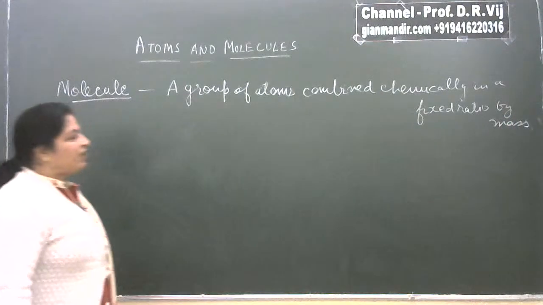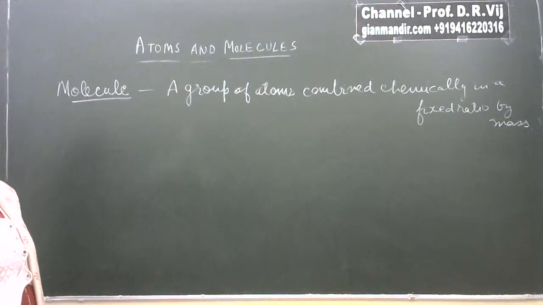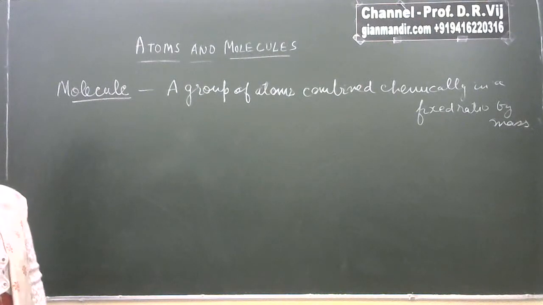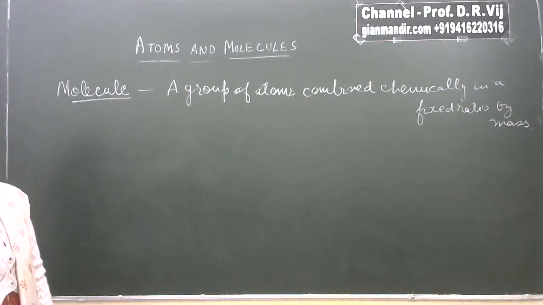So a group of atoms where different elements or atoms are combined chemically in a fixed ratio by mass, those are the molecules.